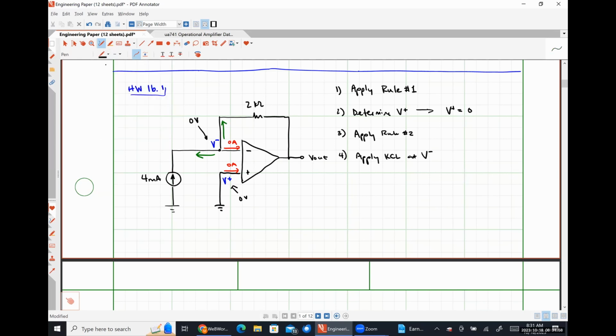So my current flowing to the left, we can see by inspection, is -4 milliamps. My current flowing up through the 2 kilo ohm resistor is 0 volts minus V out divided by 2 kilo ohms. And I set this equal to 0, because I know that no current can branch off and flow to the right into the input terminal of my op amp.